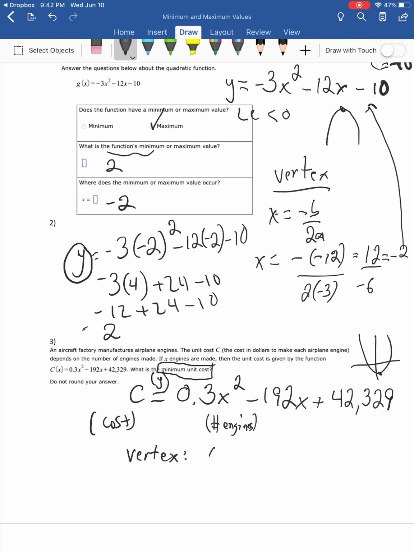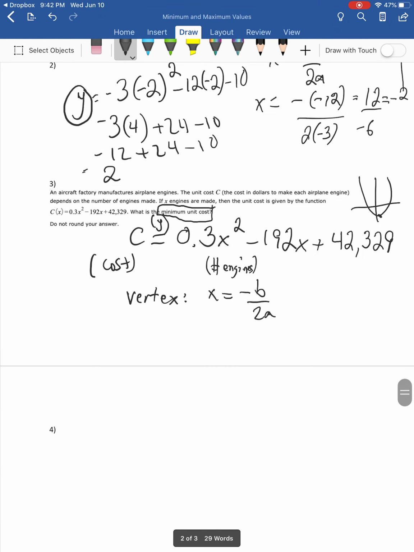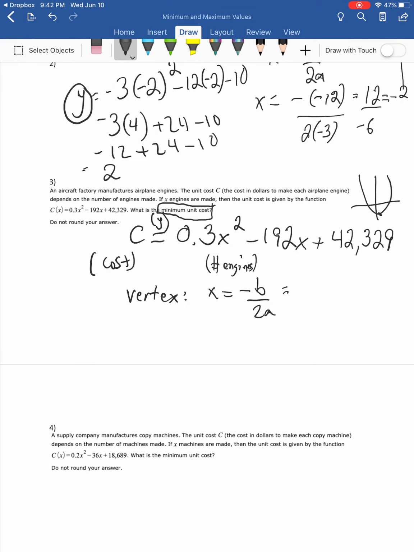That's going to occur at x equals negative b over 2a. So that's going to be negative 192 over 2 times 0.3, which is 192 over 0.6, which is 320.